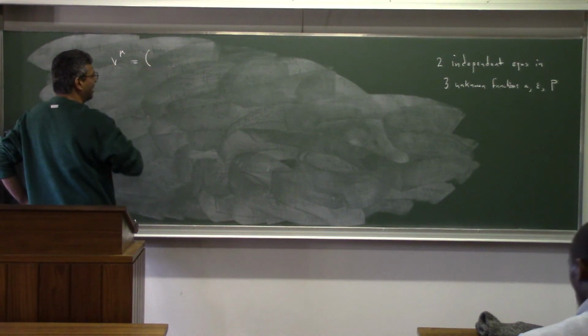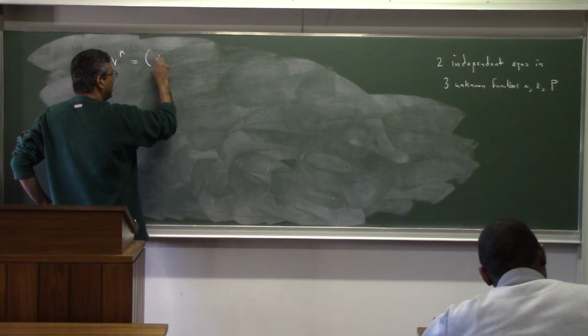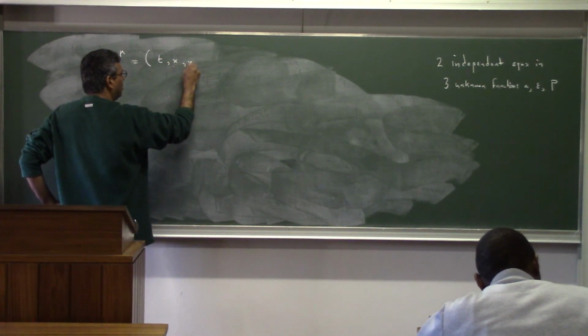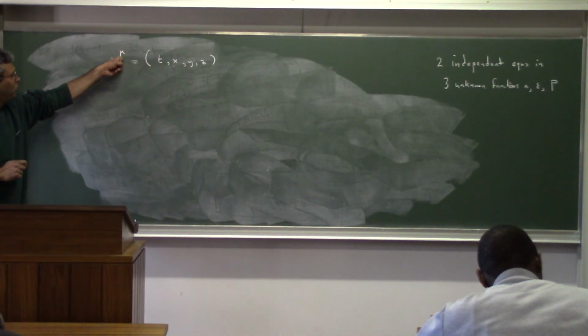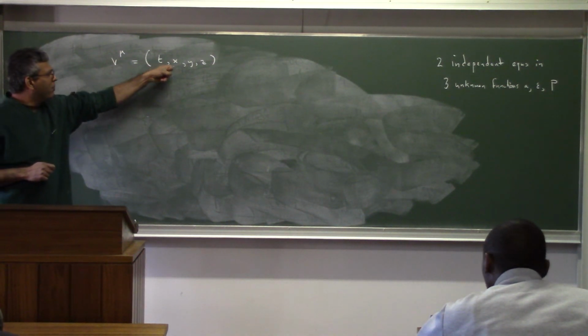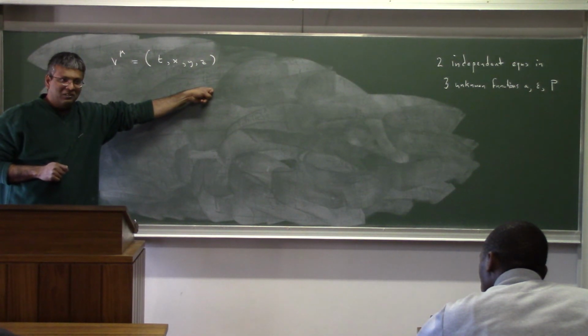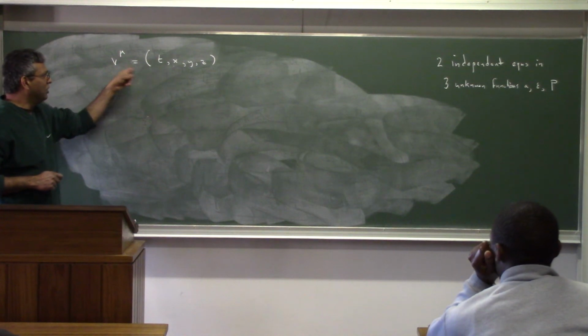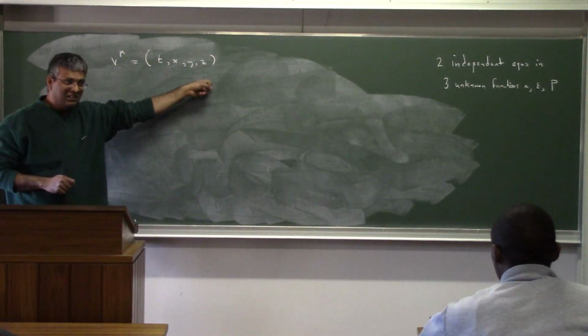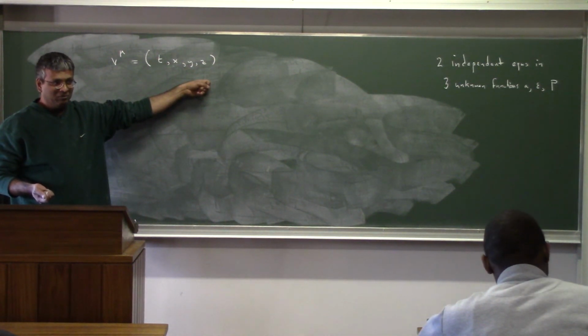So you can imagine a vector, for example, being time, x, y, and z. So this index mu tells me which component of this vector I'm studying. So v0, for example, is time, v1 is x, v2 is y, v3 is z. So this is a 4-vector.